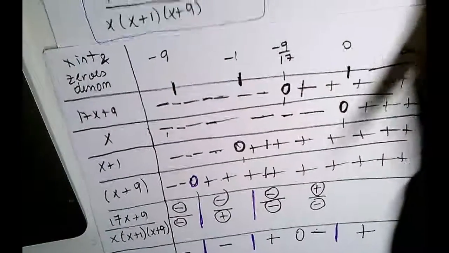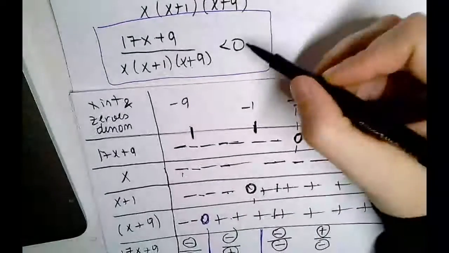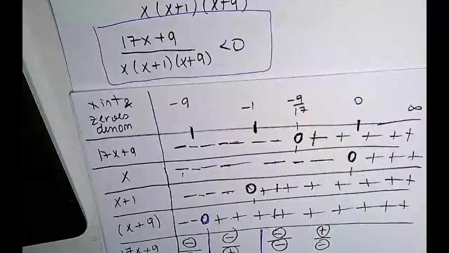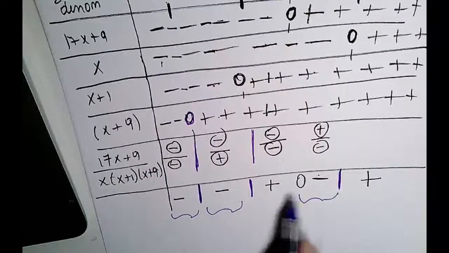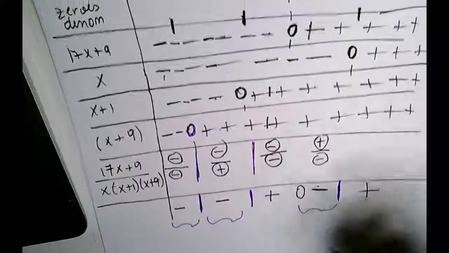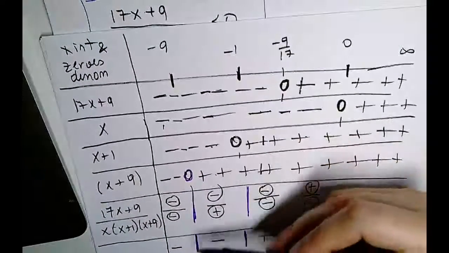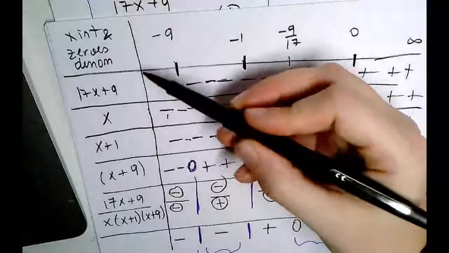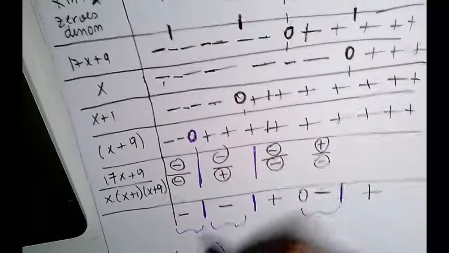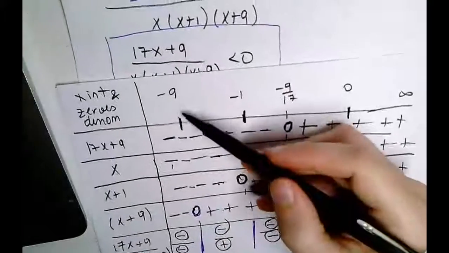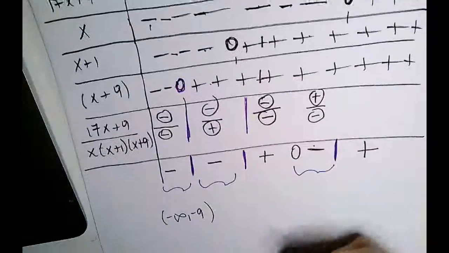So the answer now to our inequality: where is this less than 0? Less than 0, it's for here, and for here. That's where we got that it's negative. So looking at our x's, that happens from negative infinity to negative 9. That's the first interval. The second interval is negative 9 to negative 1.